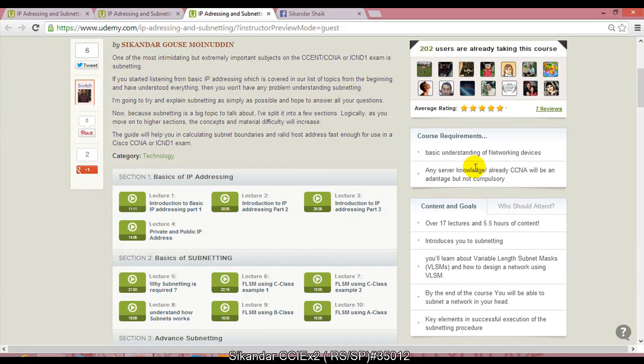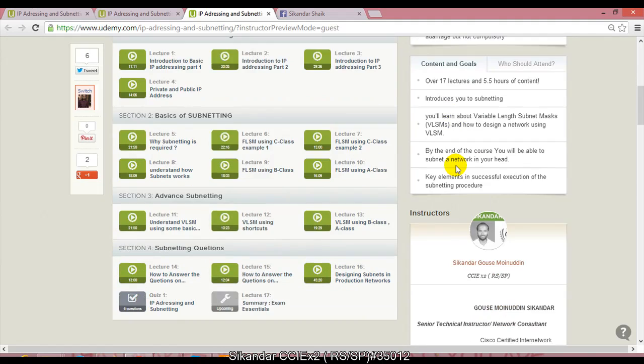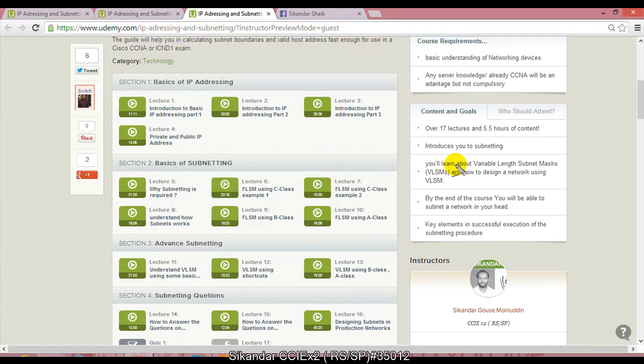Now the good thing about this course is that you have multiple sections covered here. I divided them into 4 sections. The first section covers the basics of IP addressing, where I'll give you very good foundations on IP addressing, even if you don't know what an IP address is. Once you listen to these videos, you'll get a very good understanding of addressing, and why we need IP addressing in lecture 1.